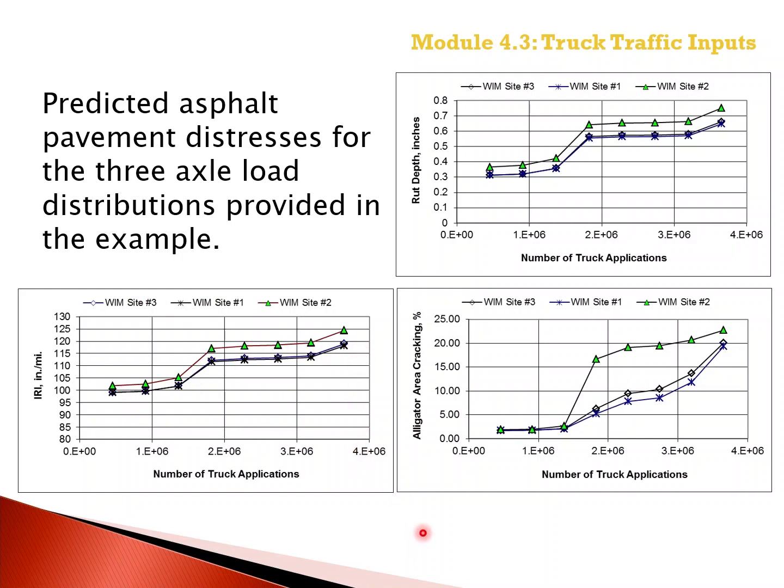So in result, WEM site number 2 results in more damage or distress, and that would be the case for flexible pavements, as shown by these graphs, as well as for jointed plain concrete pavement in terms of percent cracked slabs, or for continuously reinforced concrete pavements in terms of the number of punch-outs per mile.